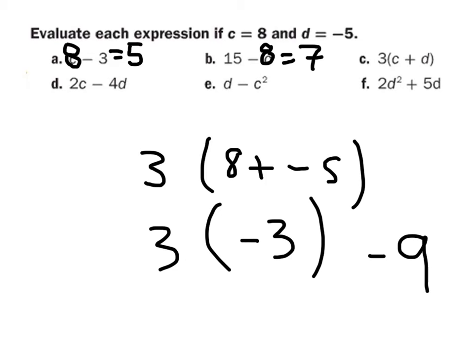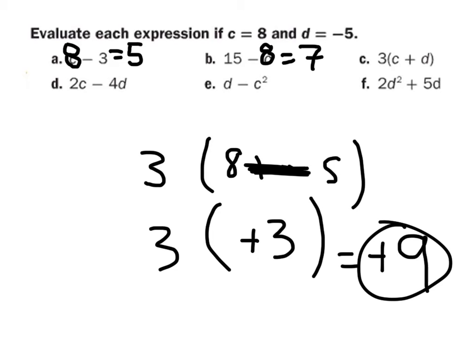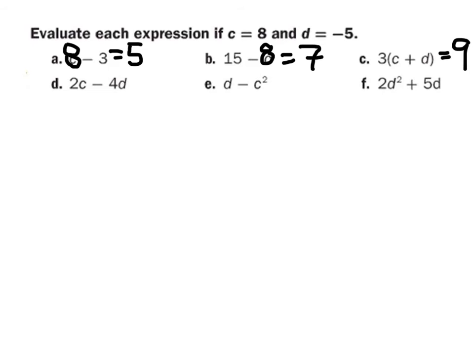Okay. Well, that's very good. It's very close, right? Ethan? Isn't it just 9? Yes. This would just be 8 minus 5 right here, okay? Which would give you a positive 3. Which would give you a positive 9. There you go. All right, Ethan, we'll do D.